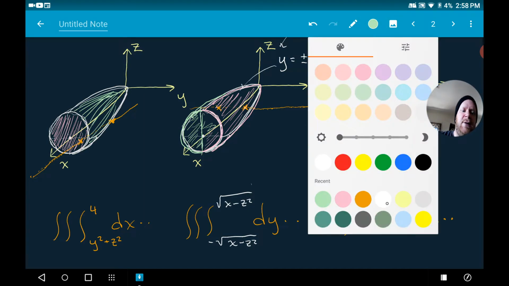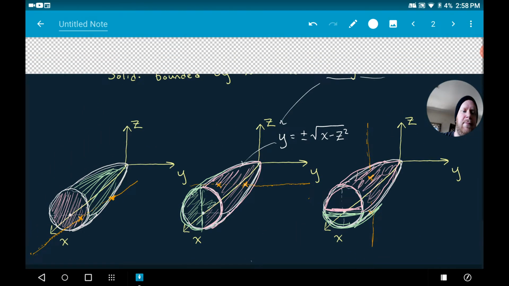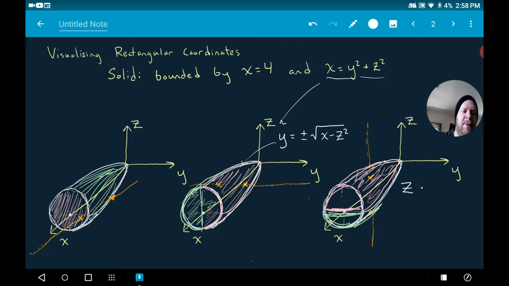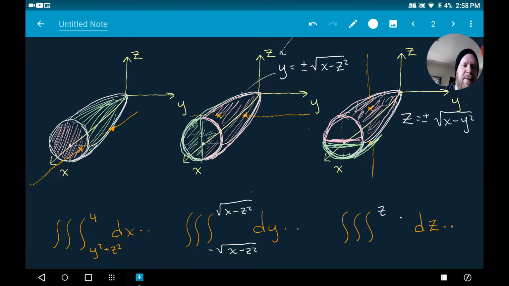We can do a similar conversion because we want values of z here. So we can say that z is equal to plus or minus the square root of x minus y squared, where the top half is the positive square root of x minus y squared, and the bottom is the negative square root of x minus y squared.